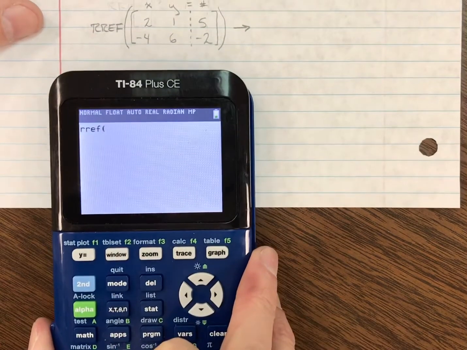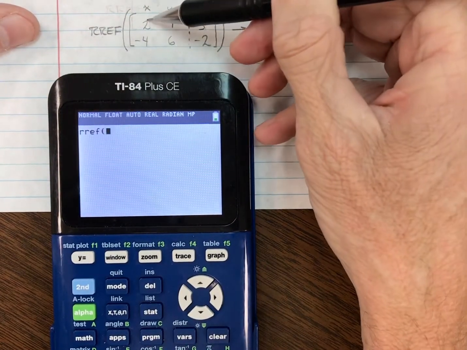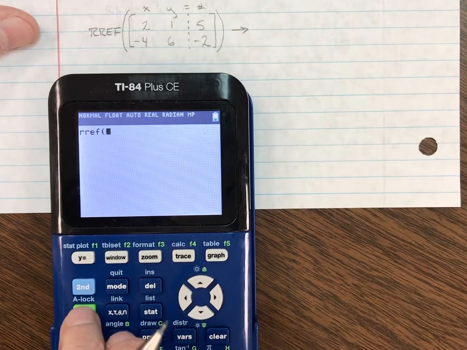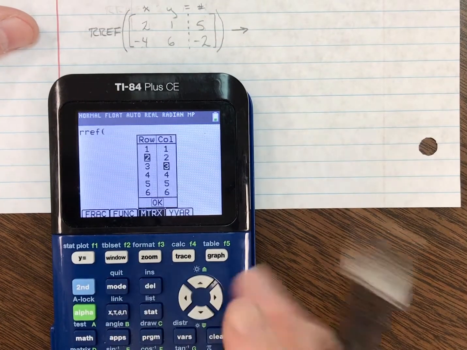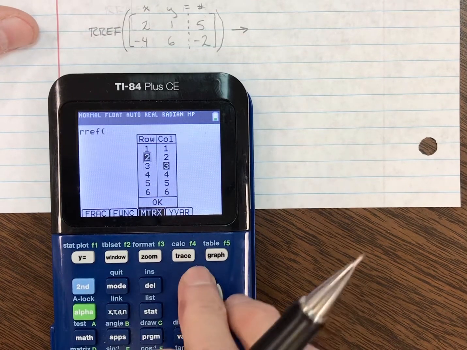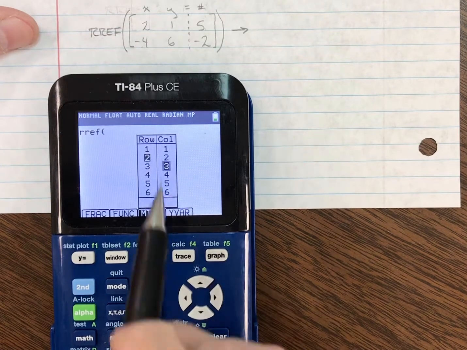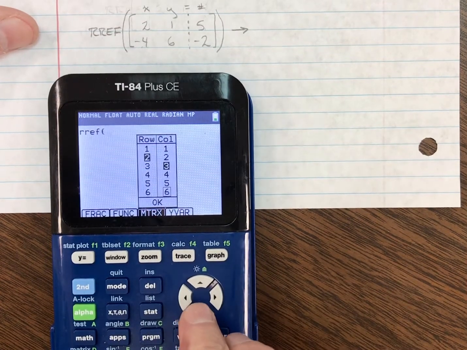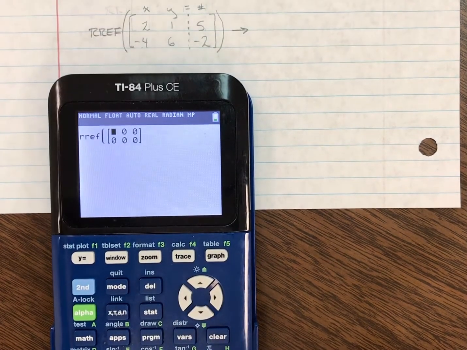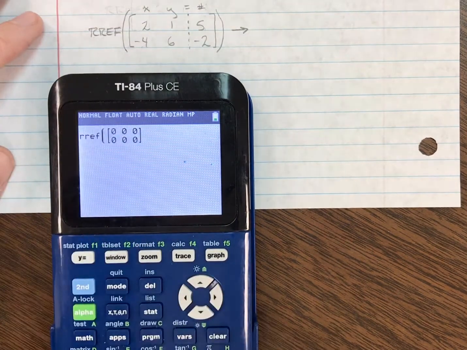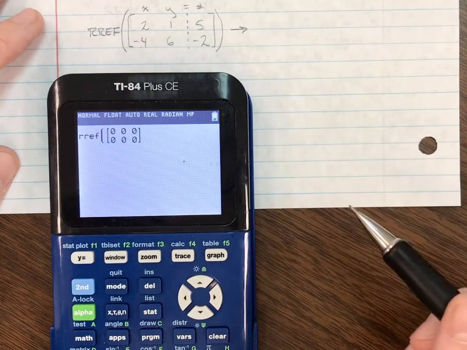This matrix has 2 rows and 3 columns. So I'm going to go to the green F3, and if I need to, I can select 2 rows and 3 columns. They were already selected for me. Come down to OK and click OK. And there you have it. That is the scaffold. We just need to put the numbers in.